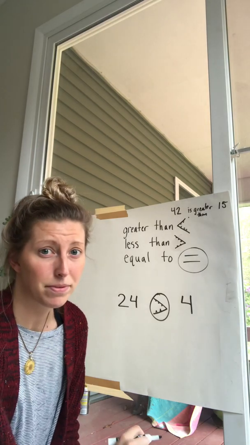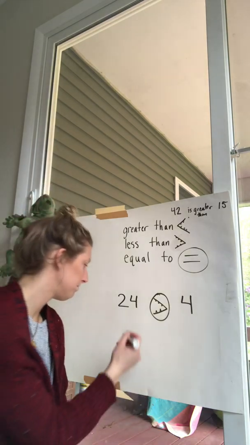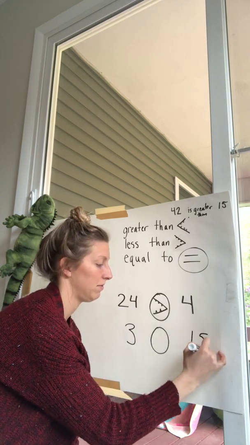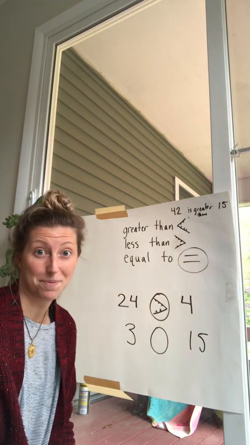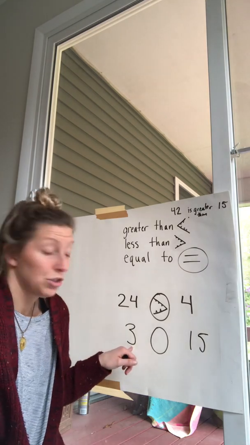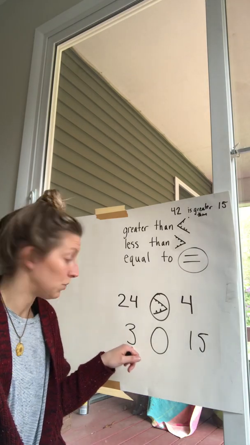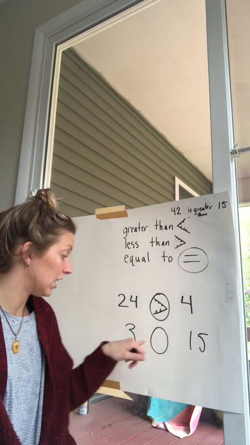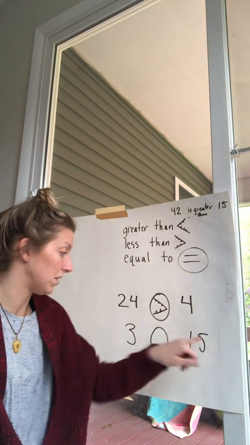Now, what about this one? What if I had 3 and I had 15? Ooh, switched it up. We just read it left to right like we did last week. Is 3 greater than 15? Is it less than 15? Or is it the same as 15?